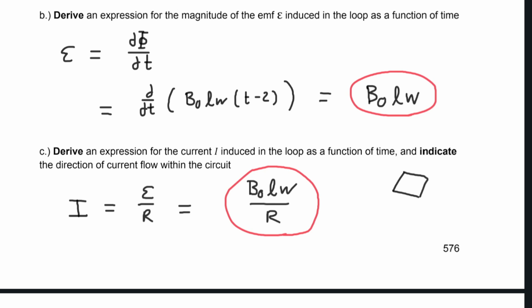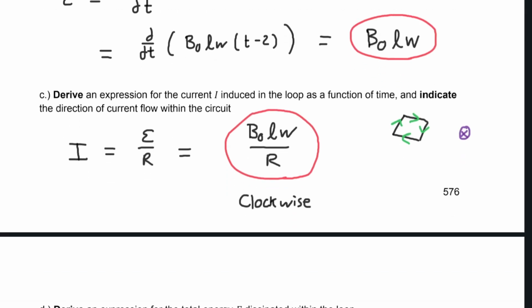So the loop needs to generate a current to restore its negative flux, or its into the page flux. And that would be clockwise again. Because if you wrap your right hand around the loop, you'd get your thumb pointing into the page. So because the into the page field is decreasing, the current has to work to restore this into the page B field.